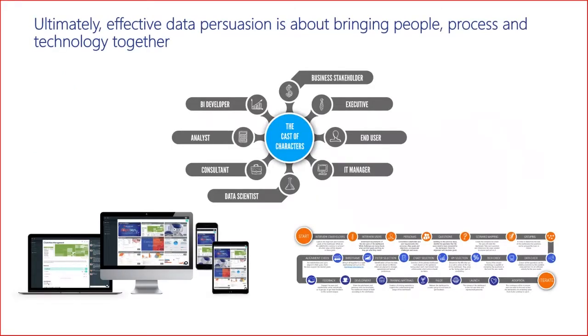And ultimately, what we're trying to do is work these 3 areas together. Effective persuasion with data is about bringing people, process, and technology together. We talked extensively there about the process in the bottom right. But the process is only valuable when we really understand the people, the cast of characters that you see up here.